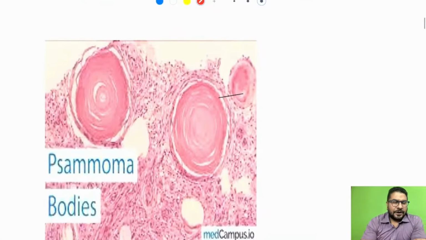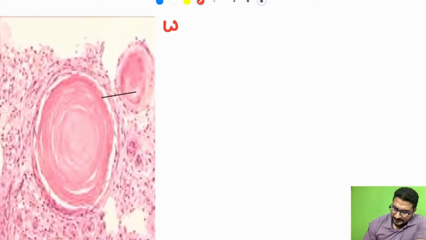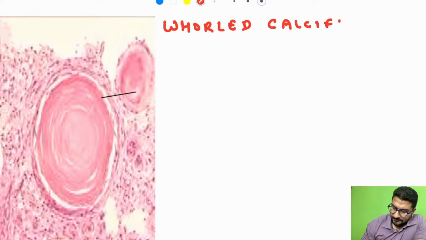Sometimes because of calcium accumulation, you can see these bodies, which we call psammoma bodies. Now understand this. This is an examiner's favorite topic. These are nothing but rolled calcified bodies. And where do we see these bodies?